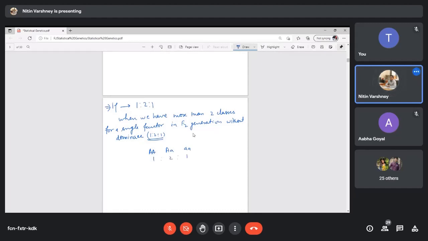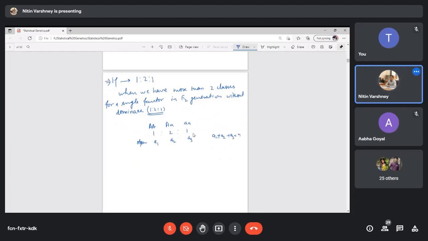If I write the observed, they are A1, A2, A3, and A1 plus A2 plus A3 will be our n. Our expected will be in the ratio 1:2:1, so this will be n by 4, this will be n by 4, and this will be 2n by 4, that is n by 2.